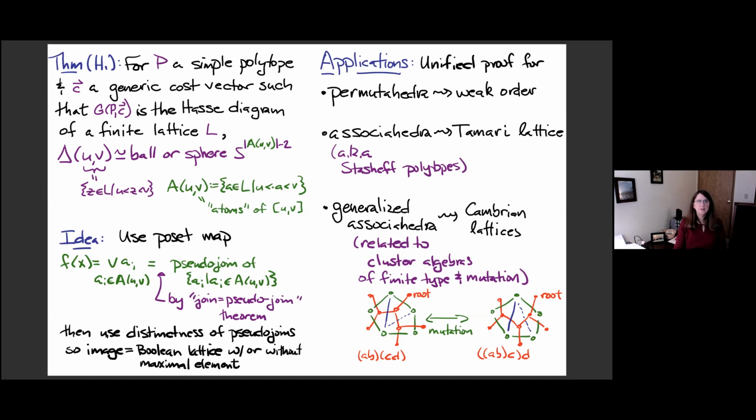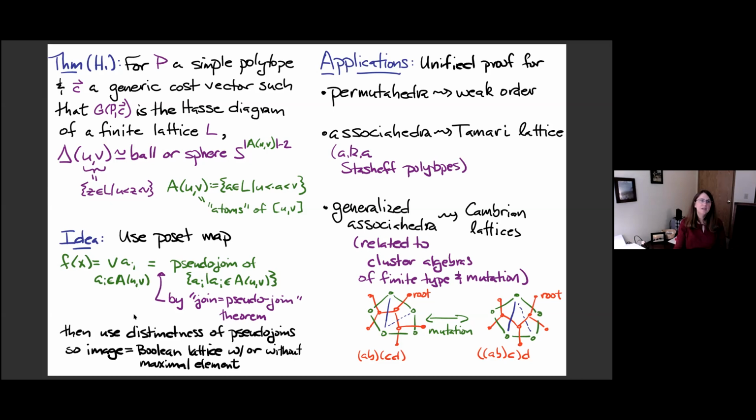And we can use our result about distinctness of the various pseudo-joins to get that the image of this poset map is a Boolean lattice. It either includes its maximal element or doesn't, depending on whether V actually equals the join of the atoms, since we're taking V out.